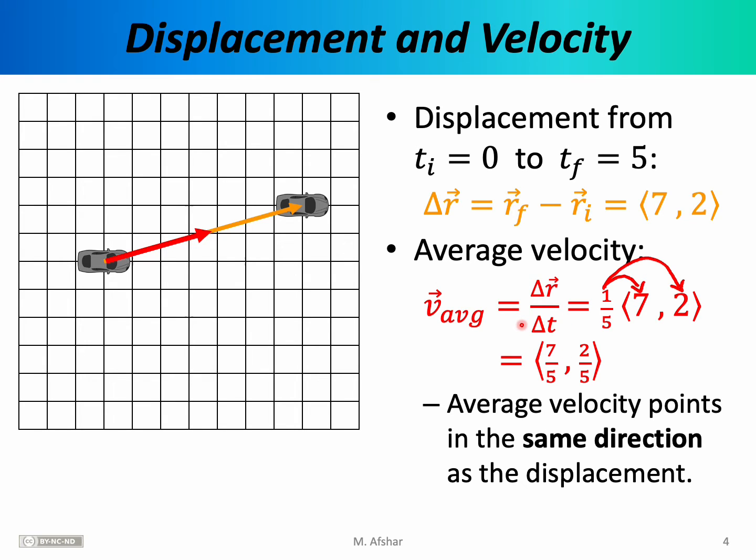In fact, if you really want to know the velocity of this car at one single instant in time, you should take the limit of the average velocity as delta t goes to 0. Hopefully you remember from your calculus days that that particular limit is really the derivative of the displacement vector with respect to time. We'll come back to this idea in just a few minutes.